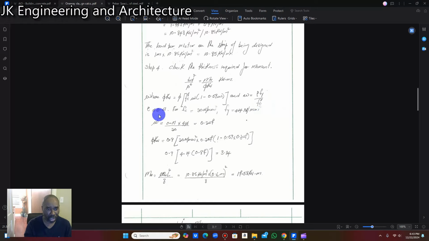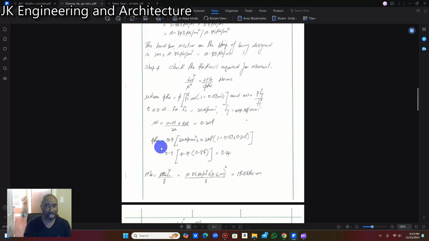We're going to take rho as less than or equal to 0.01, and for fc prime, the compressive strength of concrete, 20 newtons per millimeter squared, and the yield stress of steel is 414 newtons per millimeter squared. Plugging that into the formula, W is 0.01 times 414 divided by 20, and the result is 0.207. Now we can go back and plug these values into the formula to work out Rn.